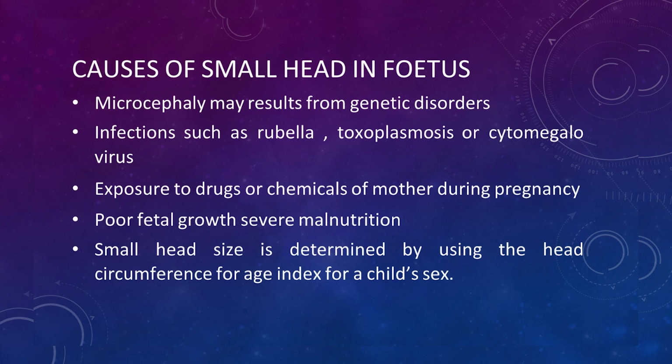Then small head size is determined by using the head circumference for age index for the child's sex. So, the diagnosis of microcephaly is done by measuring the baby's head with the help of a non-stretchable measuring tape, by which we can diagnose the baby having microcephaly by comparison with the head size of a normal child.